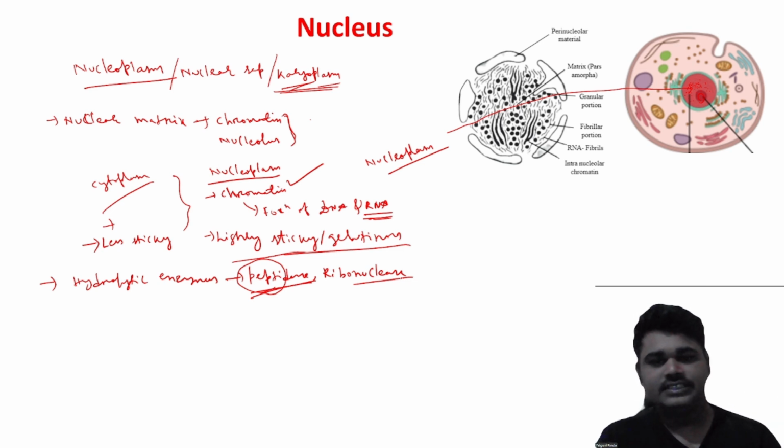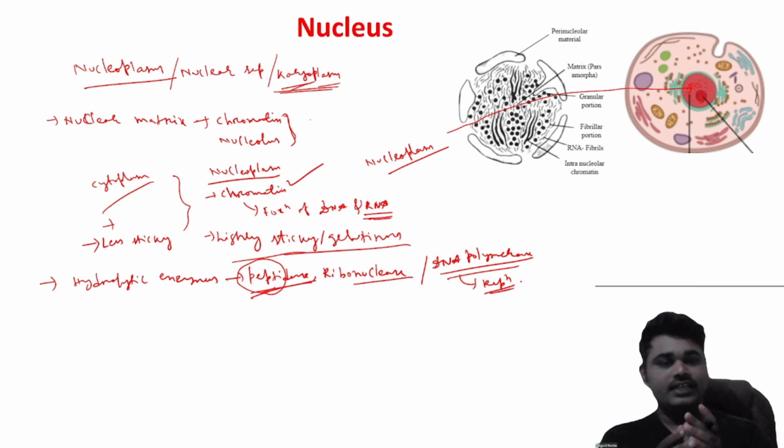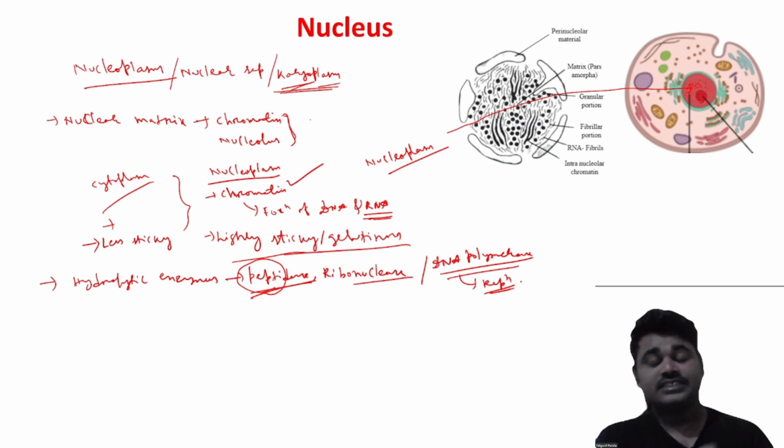Another important enzyme that is present is DNA polymerase. Its main function is DNA replication. So the DNA replication enzyme, DNA polymerase, is also present inside the nucleoplasm, and it helps in the replication of DNA. This is an important function of the nucleus.